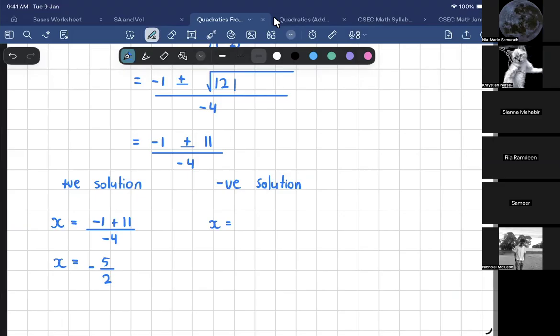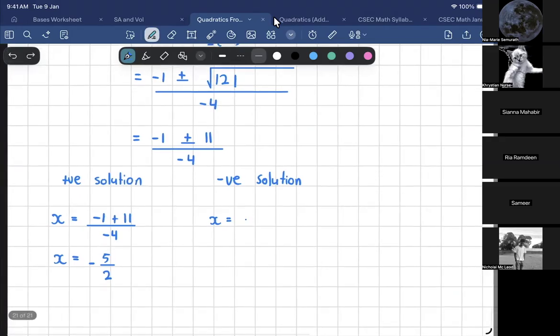Ria, let me know what the negative solution is. So it'll be minus 12 over minus 4, and when you break that down, it'll be 6/2 minus 6/2. So negative 12 over negative 4.